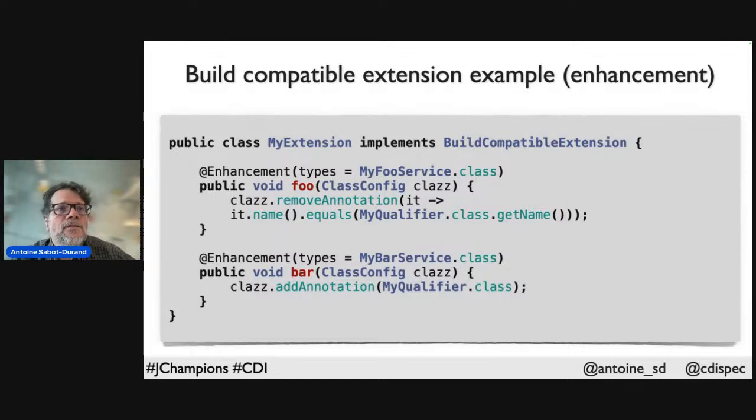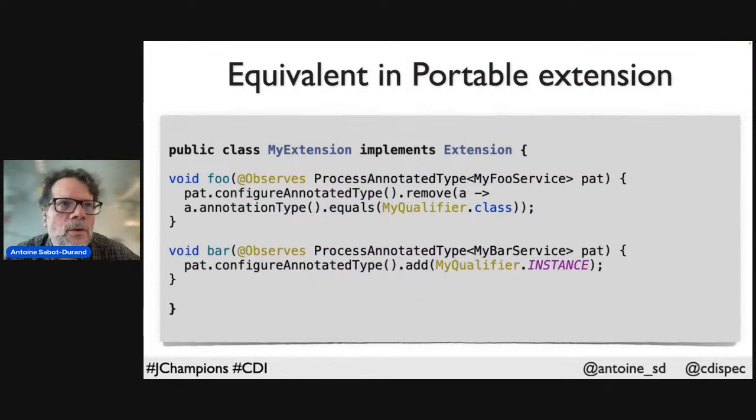If we want to do the same in portable extension, you'll see it's not quite the same, though it looks a lot alike. So in portable extension, you would have done it like this. The same, you create your extension and you implement the extension interface. And here you're using the observer in the Bootstrap approach. So there is the process annotated type event launched by the container at Bootstrap.